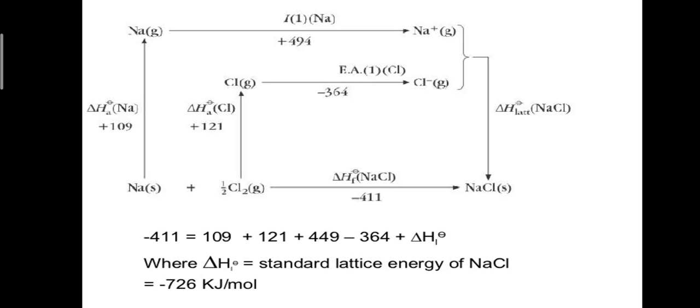So for the formation of sodium chloride, we will sum the standard enthalpy of sublimation plus the standard enthalpy of ionization energy plus half of the standard enthalpy of dissociation plus the standard enthalpy of electron affinity plus the standard enthalpy of lattice energy. I have defined all these terms.